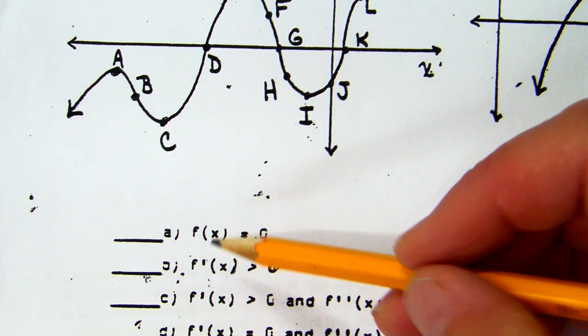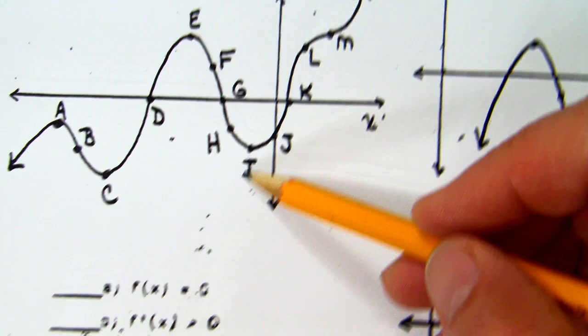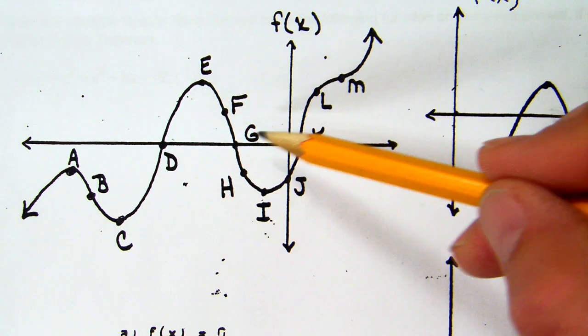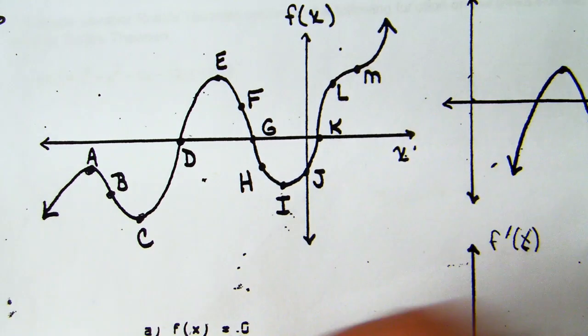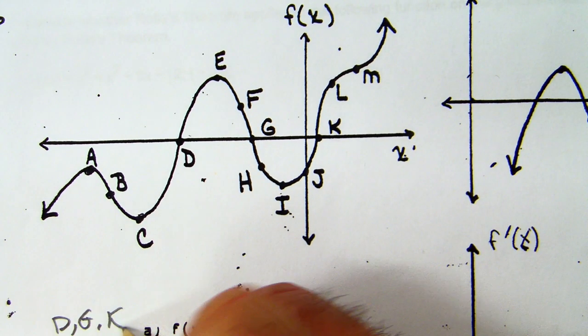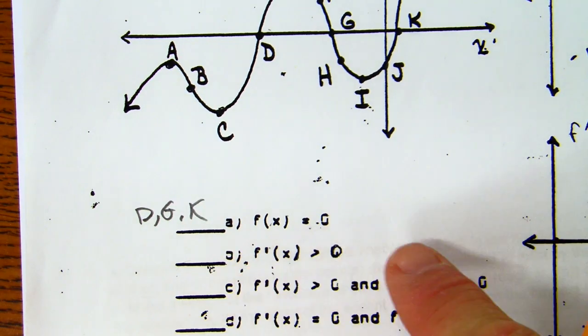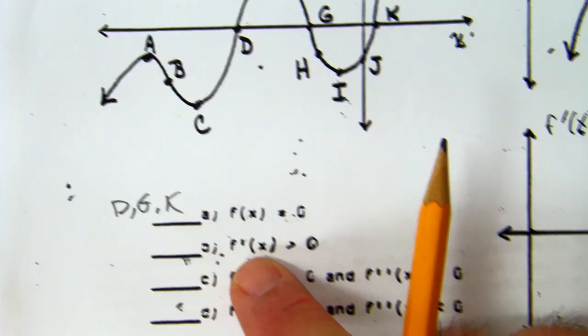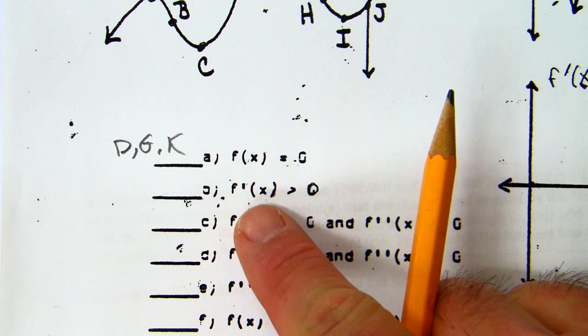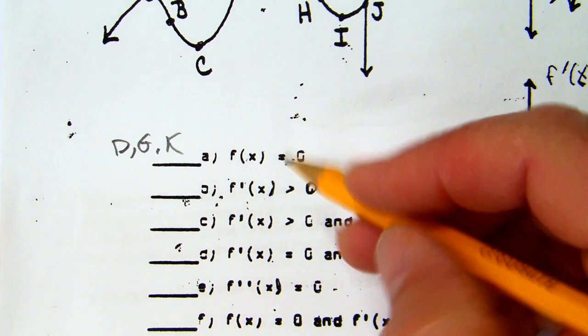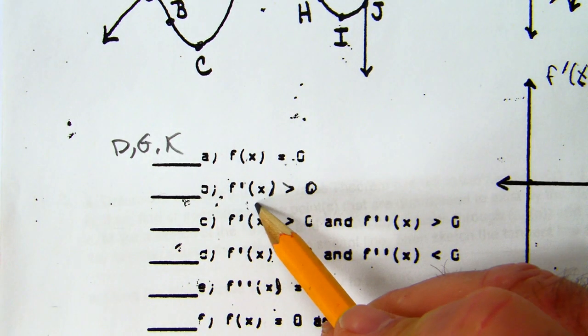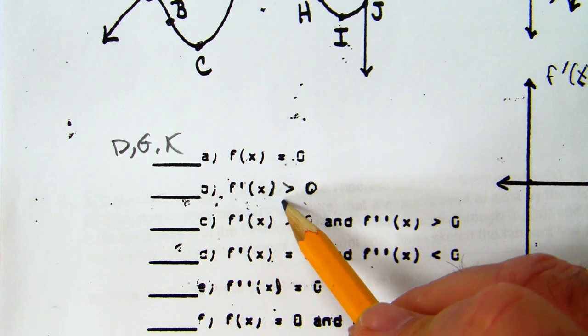On this one, where does the original function equal 0? Well, I can see 3 places: D, G, and K. D, G, and K is where the original function equals 0. Now, I know some of you are going to read this as where the first derivative is greater than 0, but I would think of it as, where is the original function increasing?